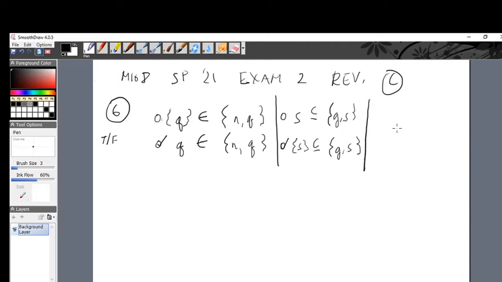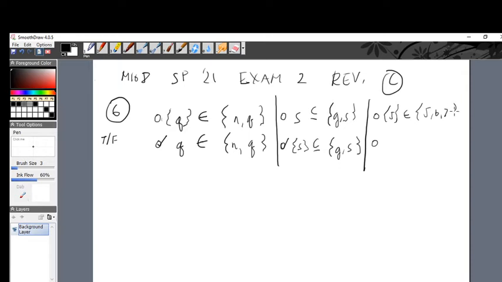Okay, then there's the third one with two buttons again, true or false. Each pair belongs to each other, so to speak. And here it says that 5, surrounded by brackets, and then you have the element symbol, of 5, 6, 7. Is an element of 5, 6, 7.